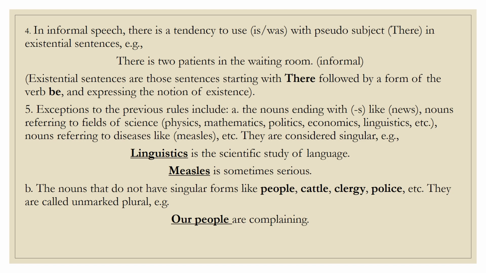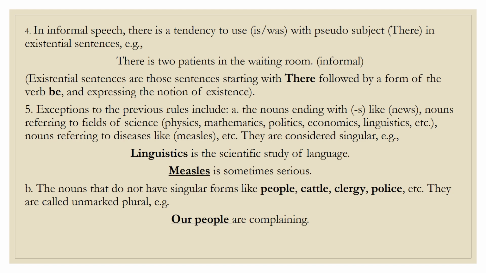Okay, a fake subject, but it is similar to the subject because it takes the position of the subject, which is at the beginning of the sentence. Is it clear? So this sentence, there's 2 patients in the waiting room, can also be said as there are 2 patients in the waiting room.